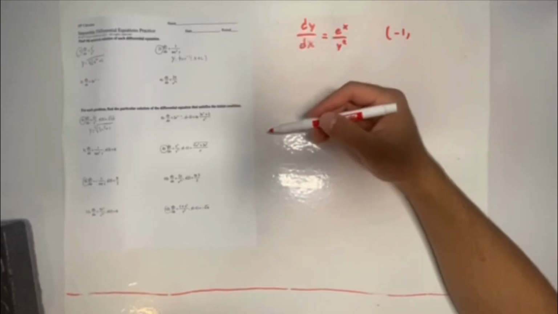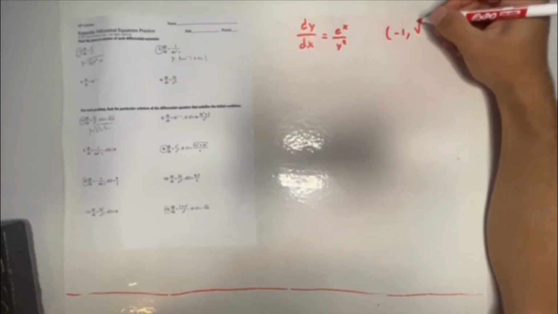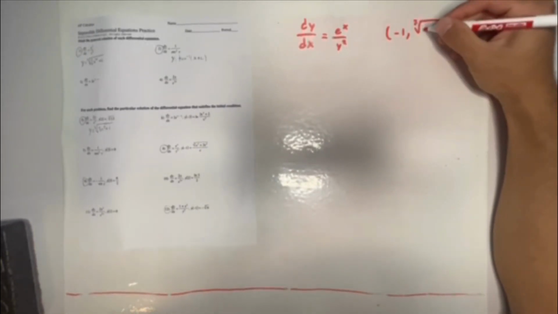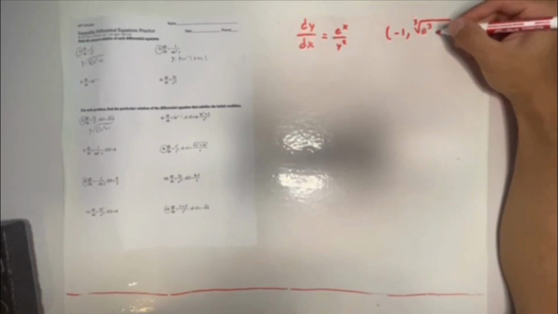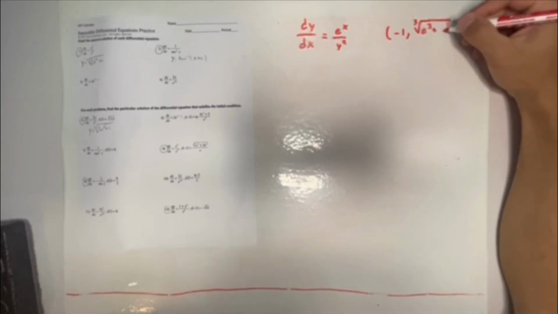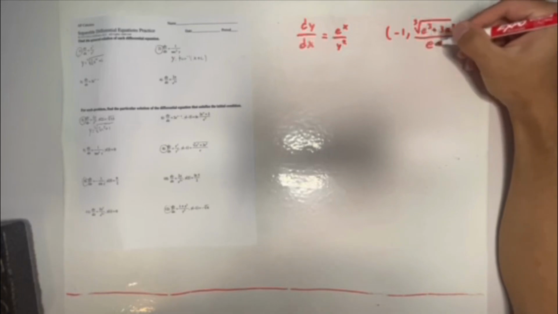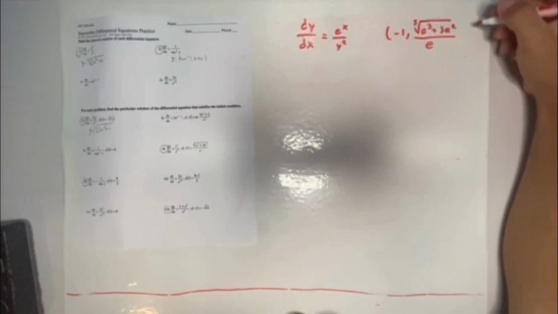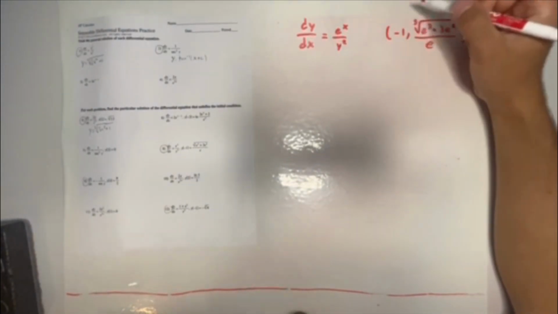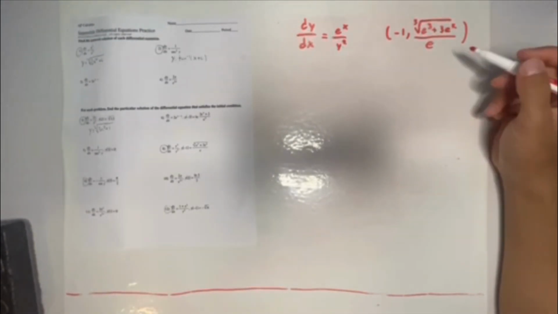And when we put that into the equation, we get out a y value of the cube root of e cubed plus 3e squared all over e. That is one of the weirdest values you will probably see. Hopefully it gives us a nice c value, but I guess we'll have to see.